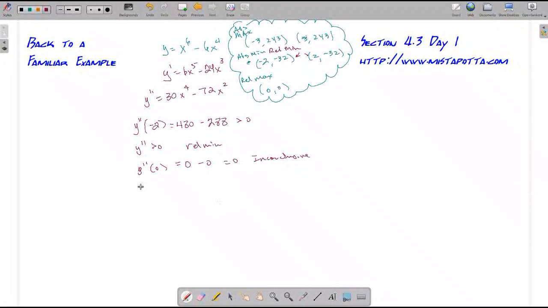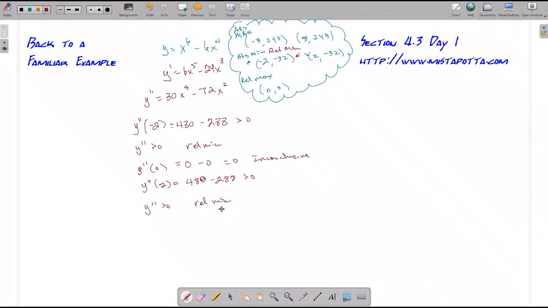And of course, if I look at y double prime at positive 2, that's still going to be the same number, 480 minus 288, which is still positive. So because our second derivative is greater than 0, this was a relative min.